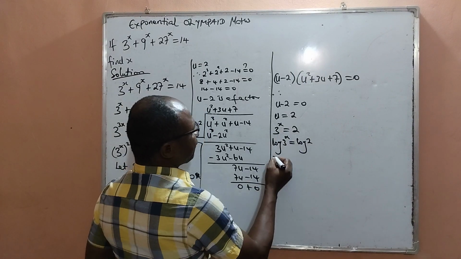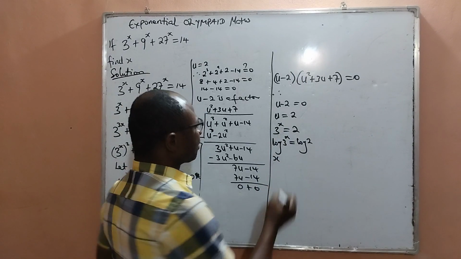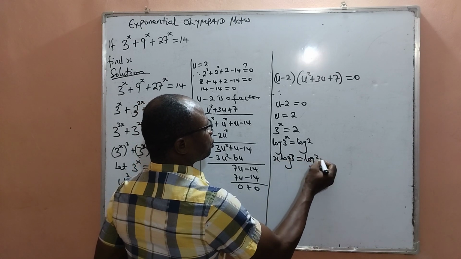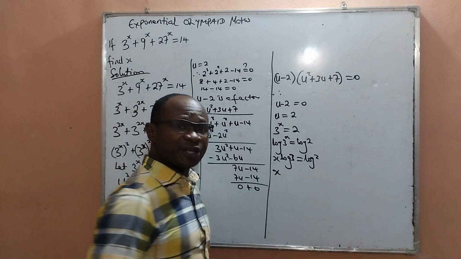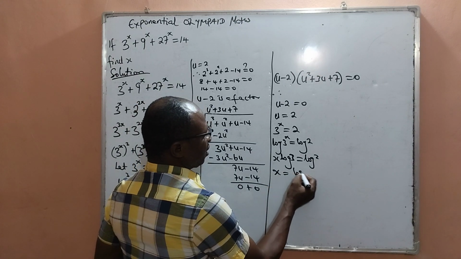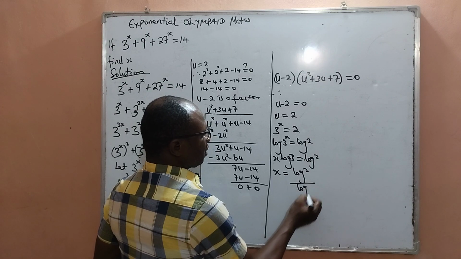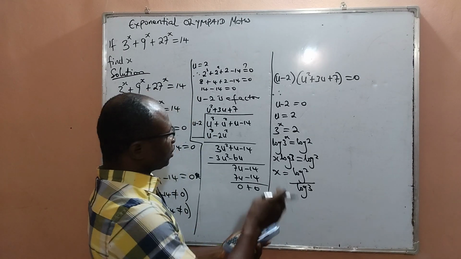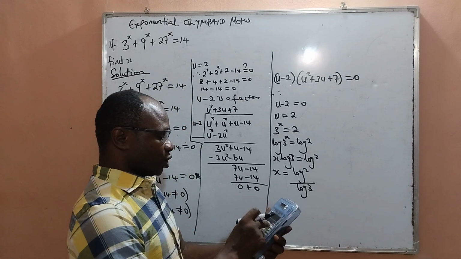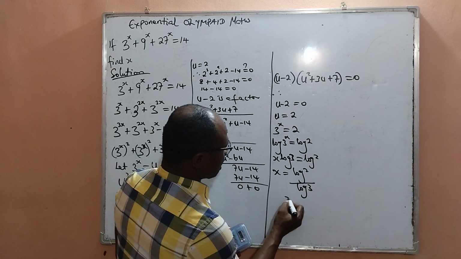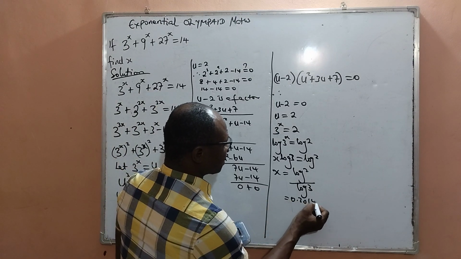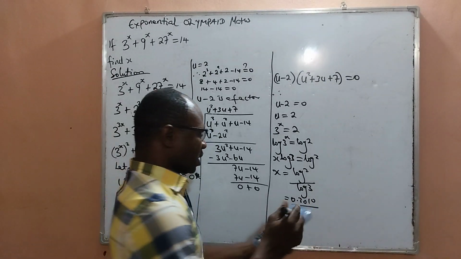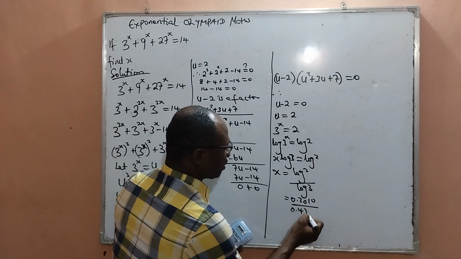Okay? Moving x to the front, applying the exponential law of logarithms, that gives me x log 3 equal to log 2. Now, making x the subject of the formula, it is going to give me log of 2 all over log of 3. Okay? If we now apply the calculator, log 2 is going to give us 0.3010 divided by log 3, and log 3 is going to be 0.4771.